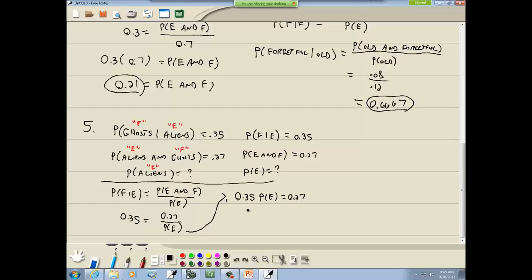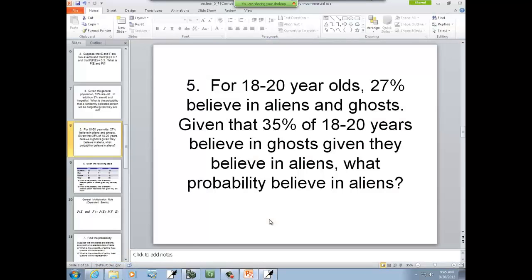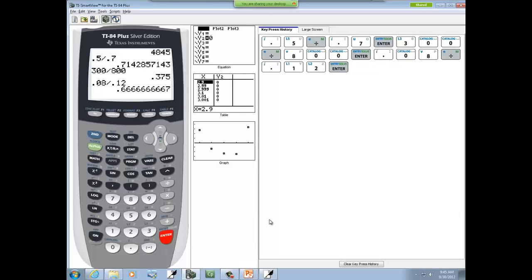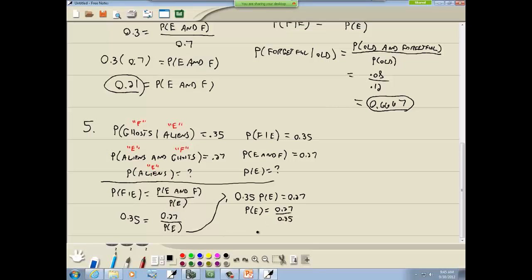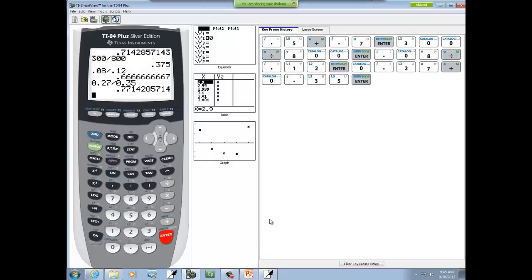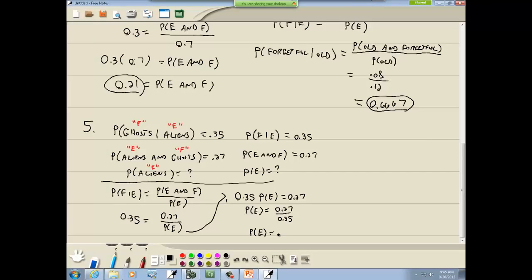And then we'll divide both sides by 0.35, and we get the probability of E is equal to 0.27 divided by 0.35. And so the probability of E, which is the probability of aliens, is 0.7714.